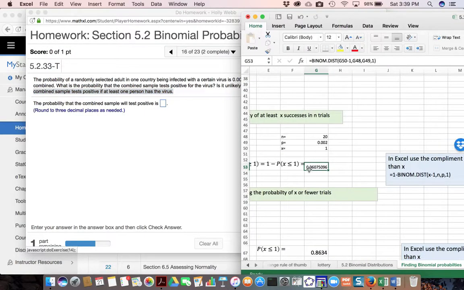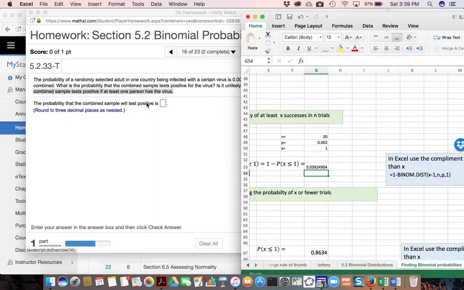I'm going to look again at my formula, and I'm going to see, oh, I forgot that I need to do the complement of 0.96. So I'm going to just put here a 1 minus, and that will give me the correct answer, I believe, 0.0392.